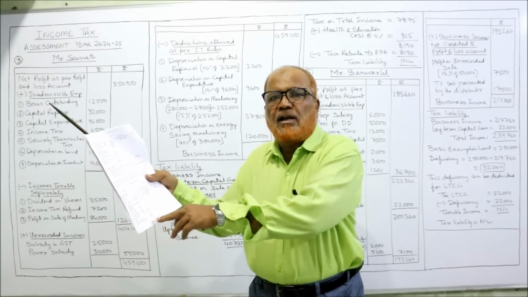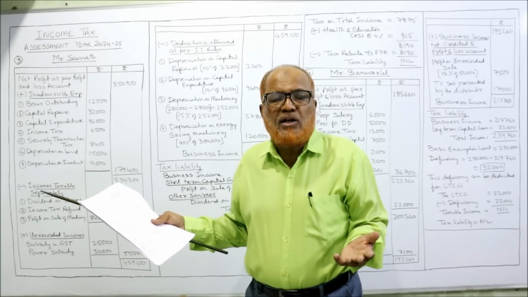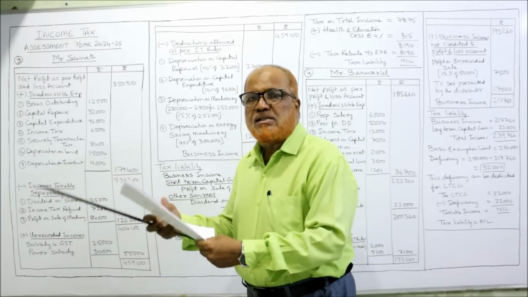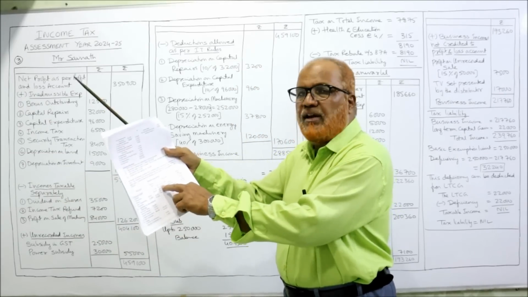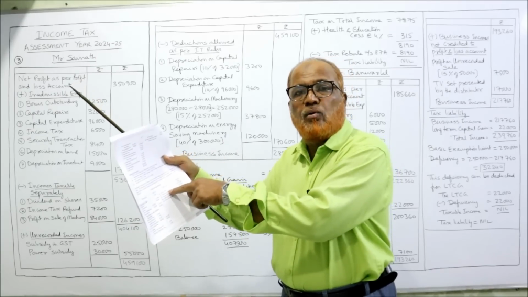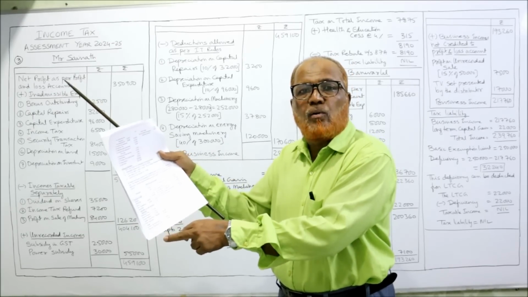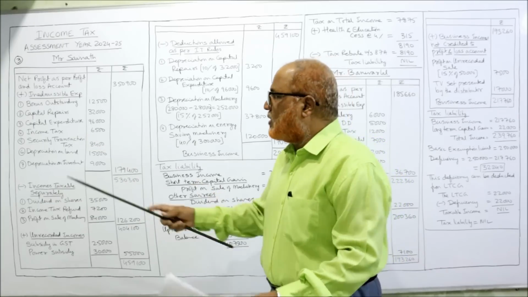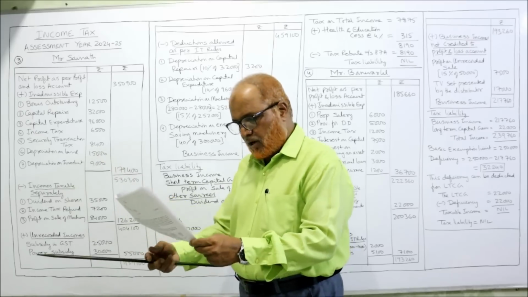So this security transaction tax is not a business expenditure. It is disallowed. Add back. Suppose on the credit side interest on securities is given, then we can say interest on securities is a business income and security transaction tax will be allowed. But here nothing is given. So security transaction tax disallowed.